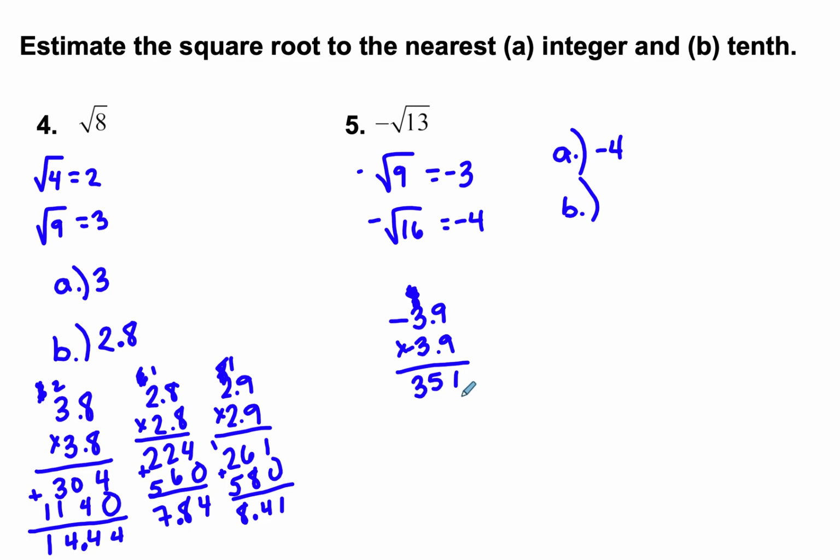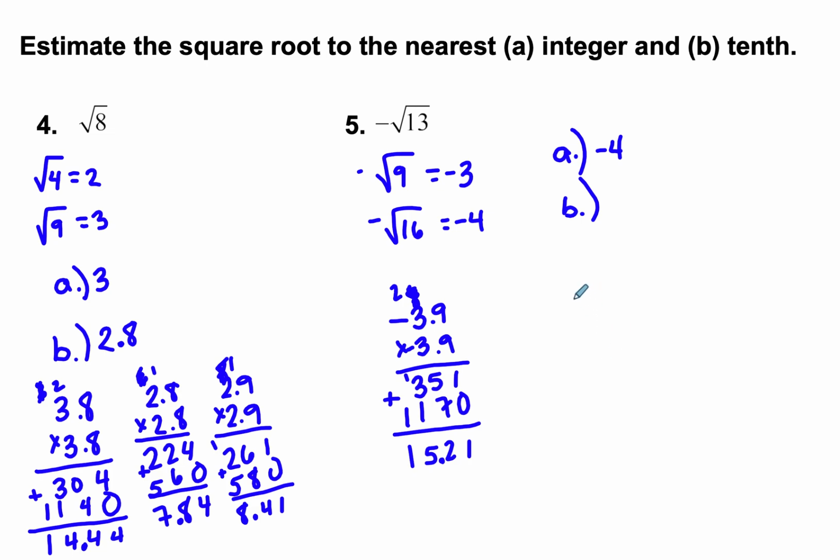Placeholder 0. 9 times 3 is 27. 3 times 3 is 9, plus 2 is 11. Okay, I need 2 decimals here, 2 decimals here. So I would get a positive 15.21, which is very, very close to 16, but that is not very close to 13.